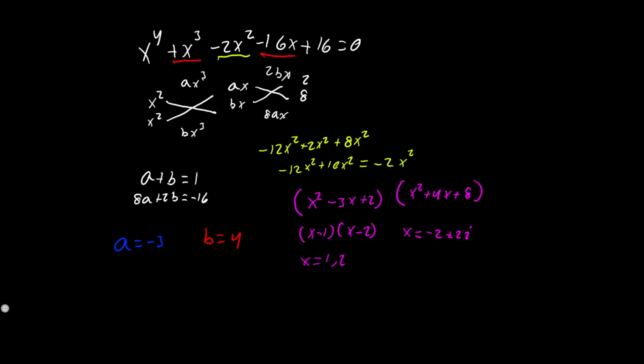And here we can go ahead and plug in 1 into our equation, and we should get that it is equal to 0. So we have 1 plus 1 minus 2 minus 16 plus 16, and these two cancel out, and 2 minus 2 basically gives 0. So that indeed tells us that we have a solution of x equals 1. Now let's plug in x equals 2.